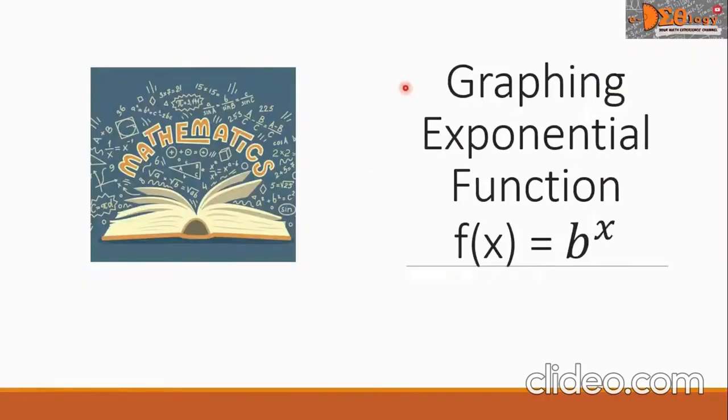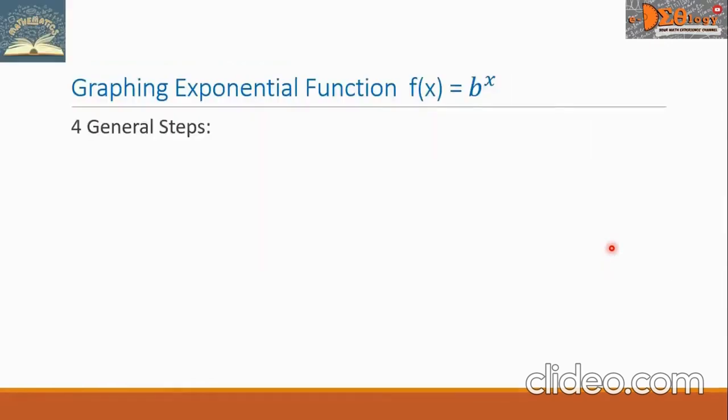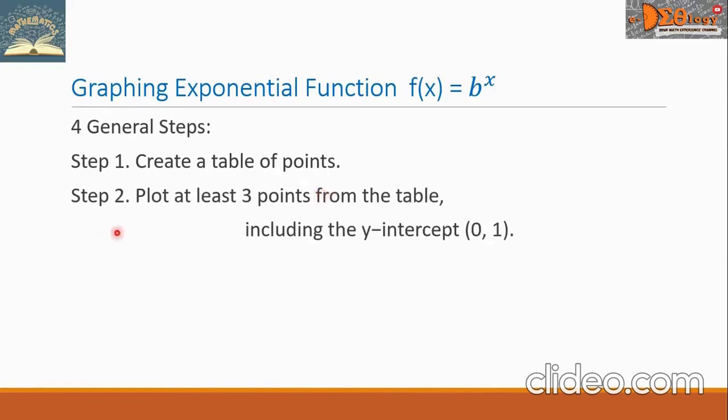Today, we're going to study graphing exponential function of the form f of x equals b raised to x. Here are the 4 general steps. Step 1. Create a table of points. Step 2. Plot at least 3 points from the table, including the y-intercept, which is 0, 1.